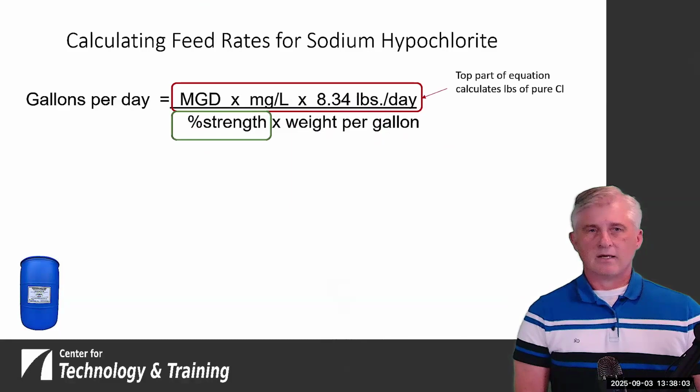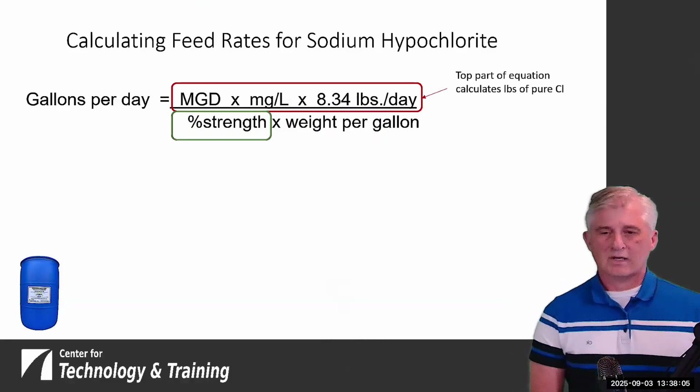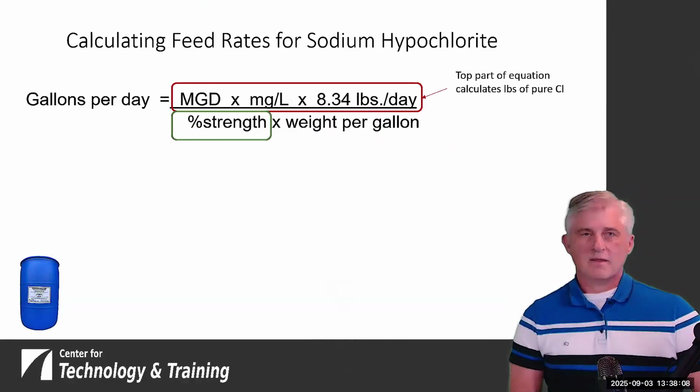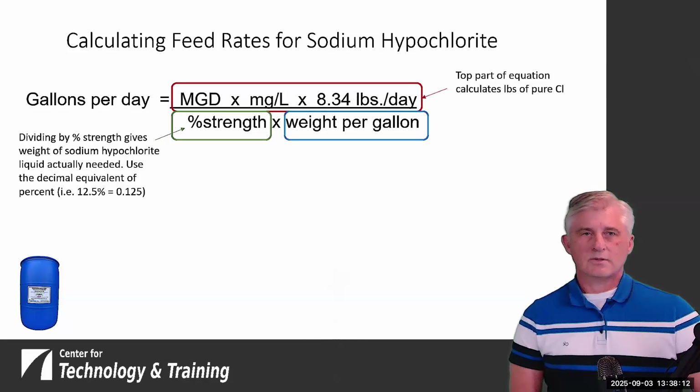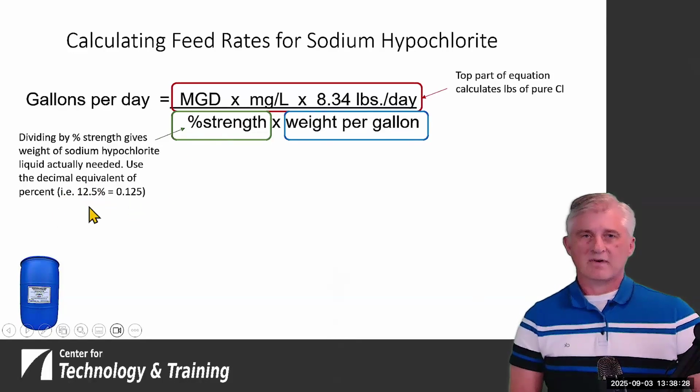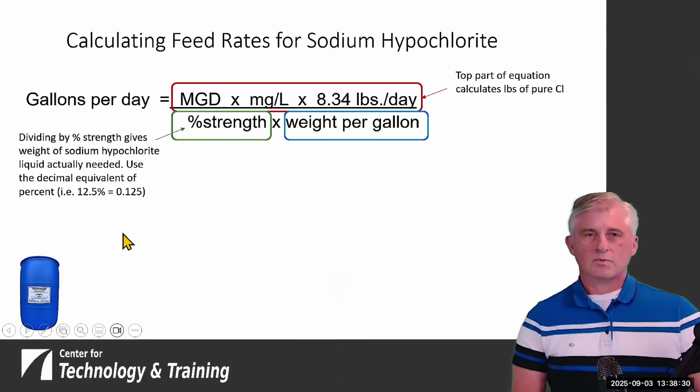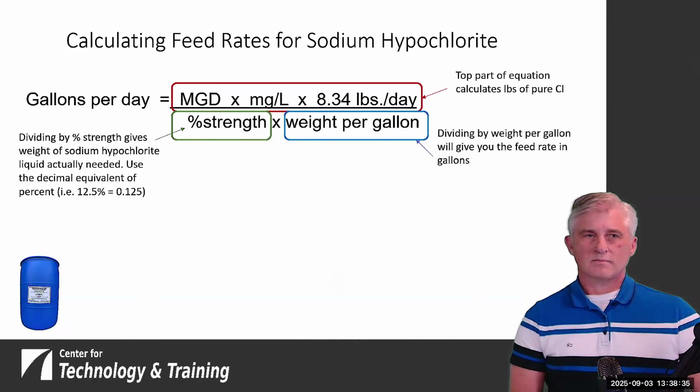In the bottom, we take into account the percent strength as we did with HTH, and then the weight per gallon of the liquid chlorine. A common concentration for liquid chlorine is 12.5%. For our percent strength, we make that into decimal form by dividing the percentage by 100, and we'll have 0.125 for our calculation.